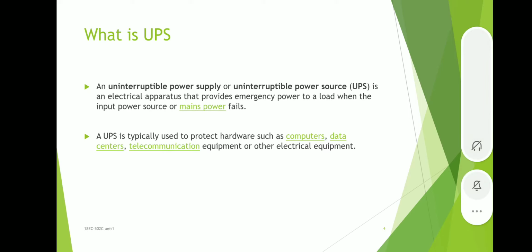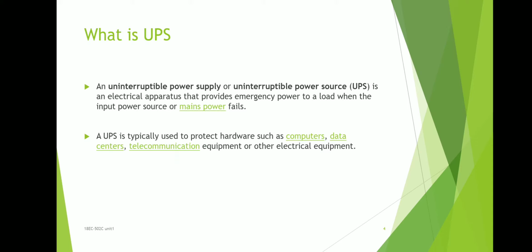That means if there is a UPS for our personal computer, even though the main supply is off, the UPS immediately provides power to the personal computer. With that, the system will not be shut down. This is the main function of the UPS.